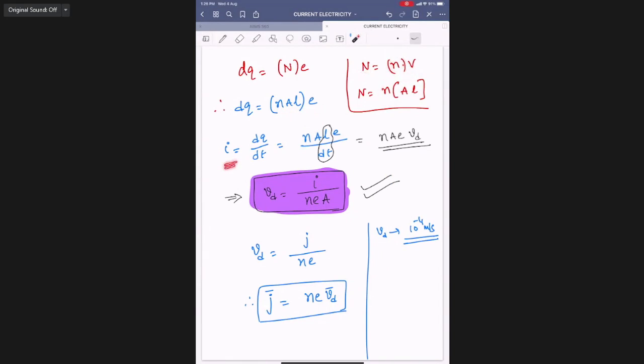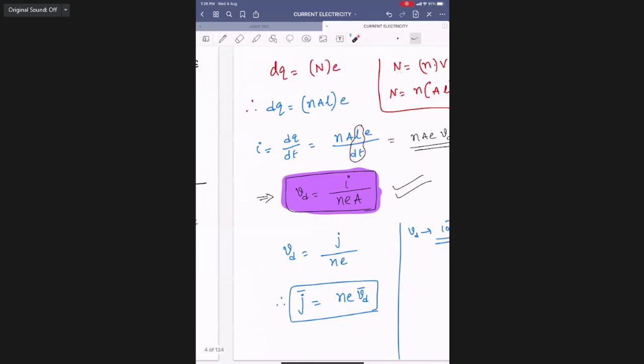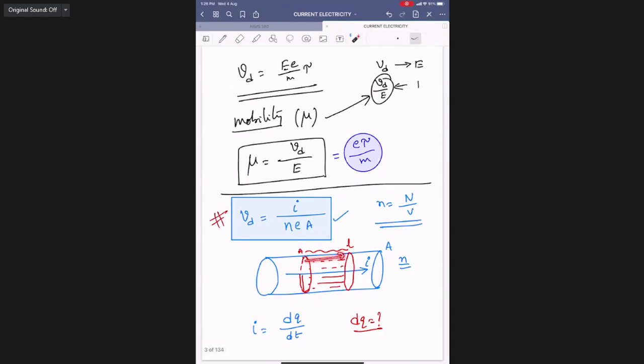So I is dq by dt, this much. Got it? What is L by dt? It is nothing but velocity. These electrons are passing from this point to this point, so they travel like a uniform particle. Even though there are opposing collisions, electrons are continuously supplied, so on average it has a velocity. S equals vt, so L equals drift velocity into time.